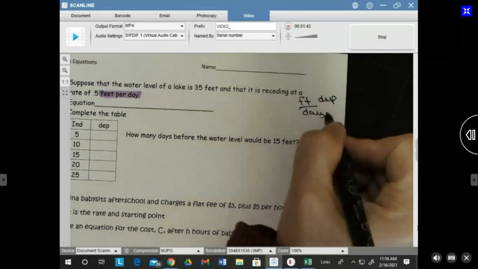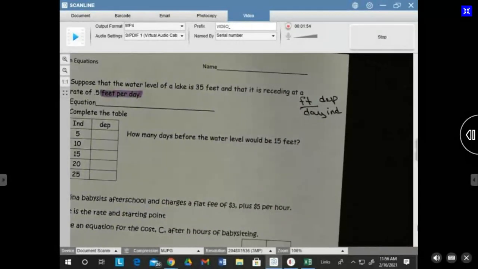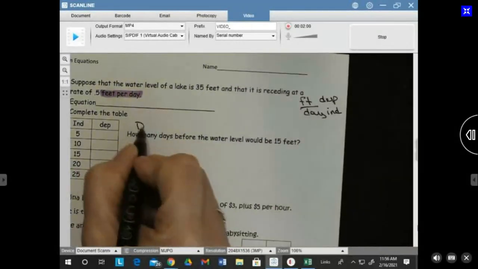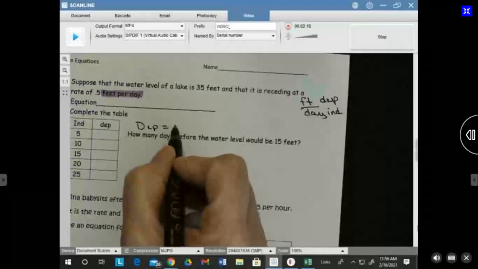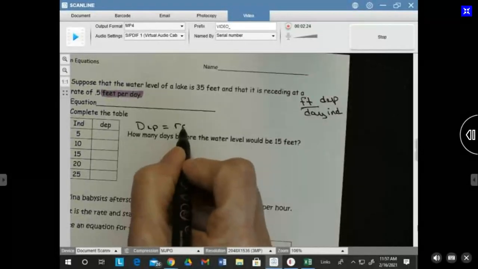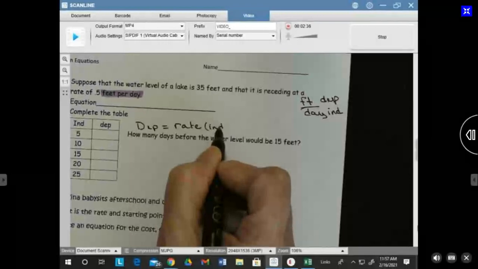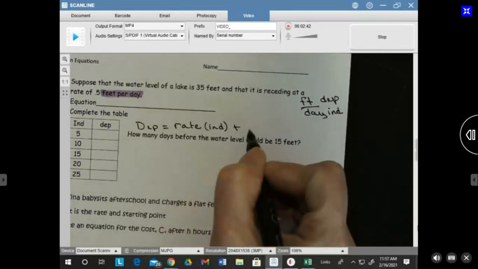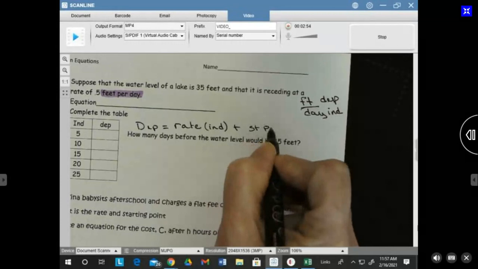And day is going to be my independent. Yes? All right. Do you remember that equation that we've got to write? Dependent is equal to my what? Times my independent plus my starting point.